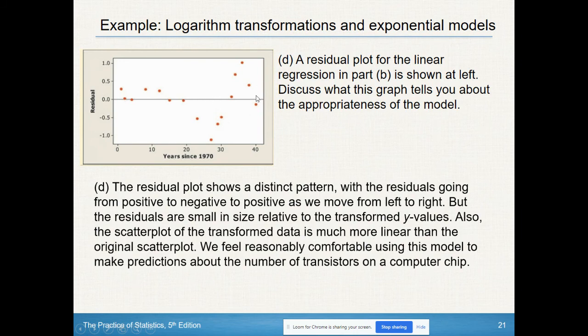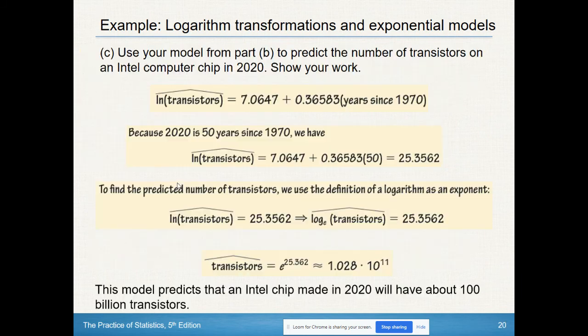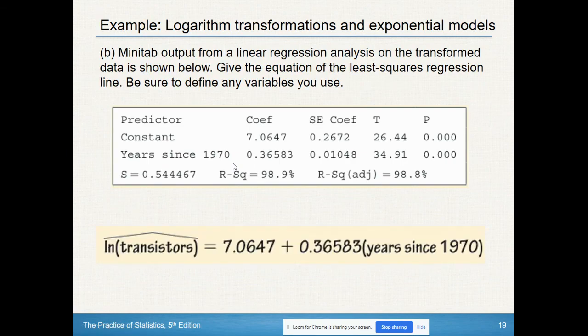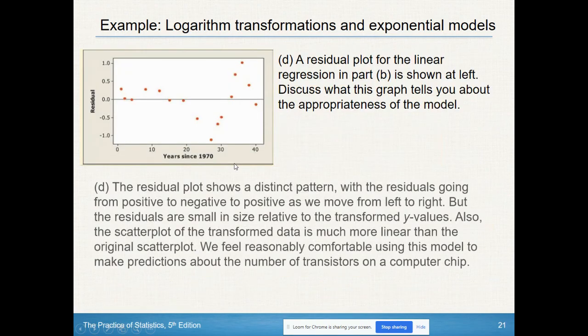So they're relatively small residuals, so it should be fairly okay, especially since the scatter plot was pretty linear. If you go back to the scatter plot of the data right here, that is pretty linear. So if that's pretty linear, you can feel pretty confident, regardless of the residual plot, in using this model. So it's okay. All right.